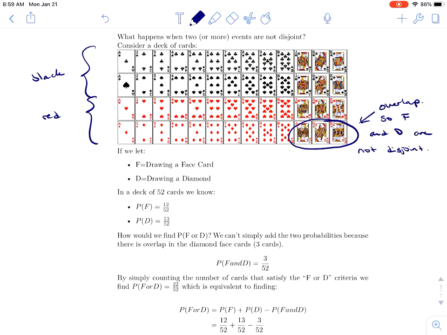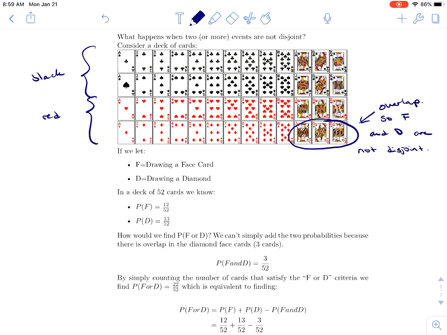So this is going to behave a little bit differently than what we've seen so far. We can still figure out the probability of just a face card. We can add up how many face cards there are. There's 12 out of 52. So the probability of a face card is 12 over 52.